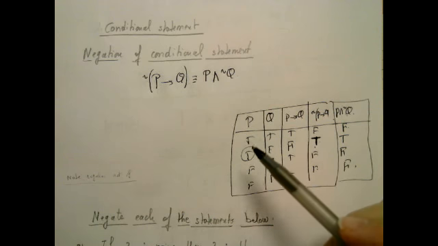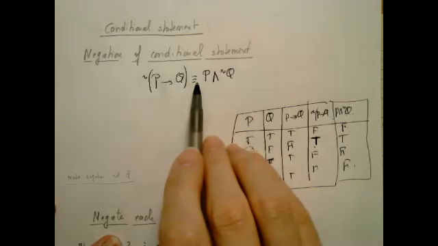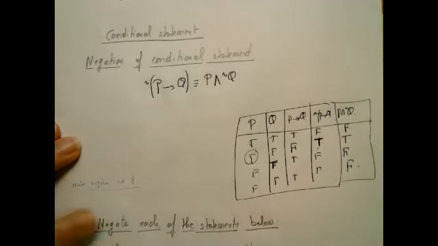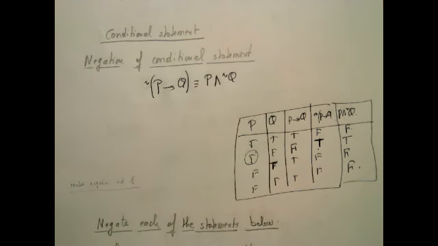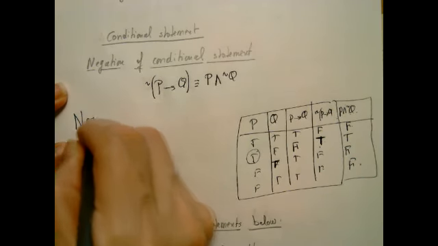So the negation of a conditional statement, if P then Q, is P and non-Q. Now, note something very important. The negation of a conditional statement is not a conditional statement. So let's write this down, because it's important.